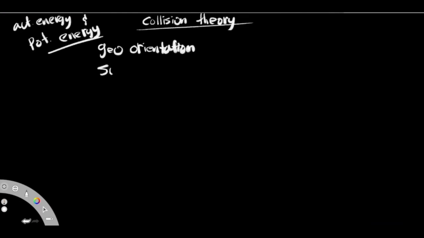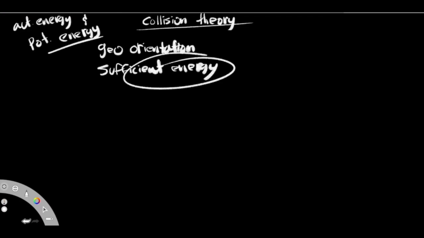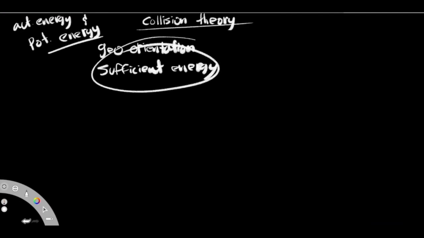The second is sufficient energy, kinetic energy, in order to either hit the activation energy threshold or be greater than that activation energy barrier. As long as both of these are met, that reaction will proceed and the products will form.